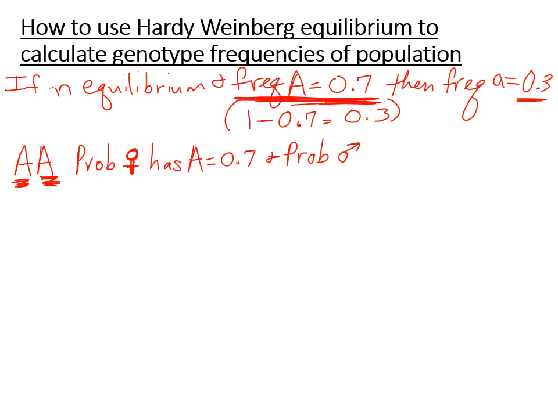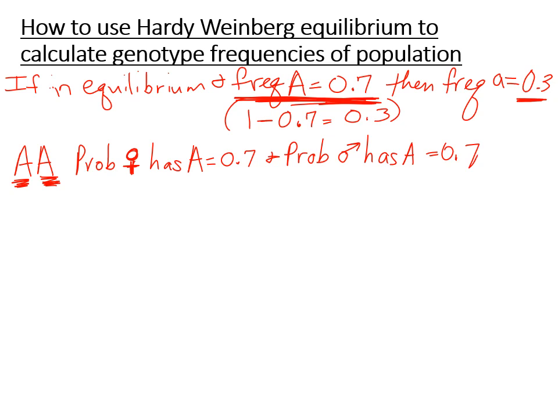So the probability that that second allele has a capital A is 0.7.